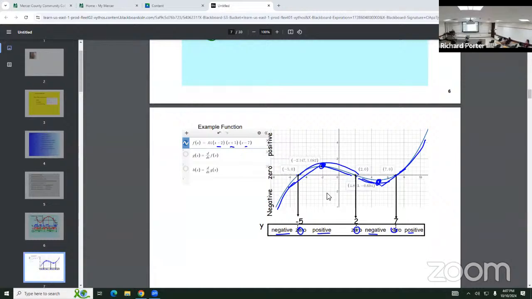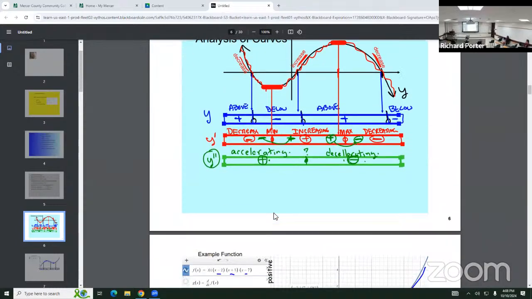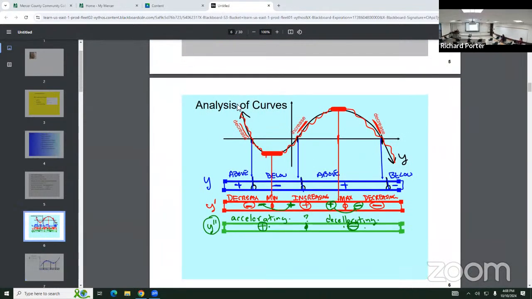Here it is on Desmos. So when the second derivative is positive, it makes this U shape. You see the U shape in this curve? Yes. Okay. We call that concave up.